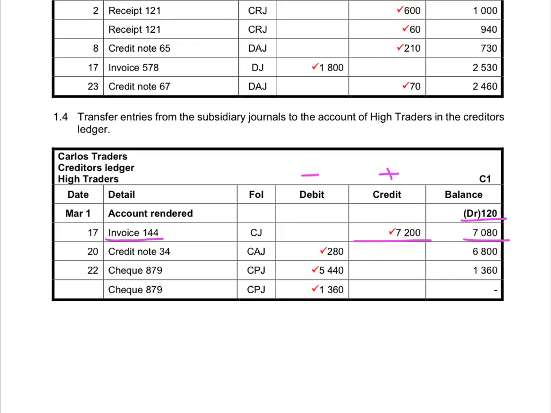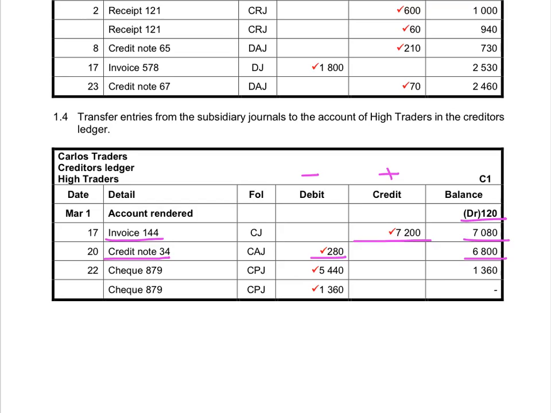Then we received a credit note from them because they are prepared to reduce our account with 280 for goods returned. So we take the 7,080 minus the 280, and we see that the outstanding amount is 6,800.